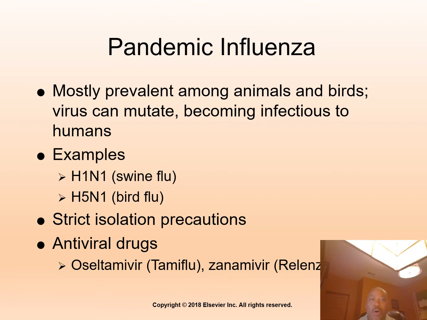Now, it is called a pandemic due to its potential to spread globally, and the virus is also new to humans, who are without immunity to the virus. Swine flu actually mutated and became highly infectious to humans.